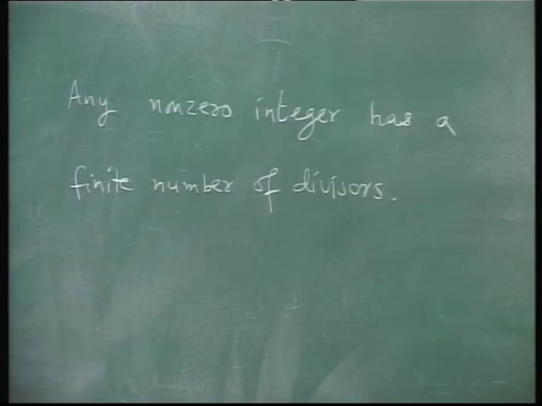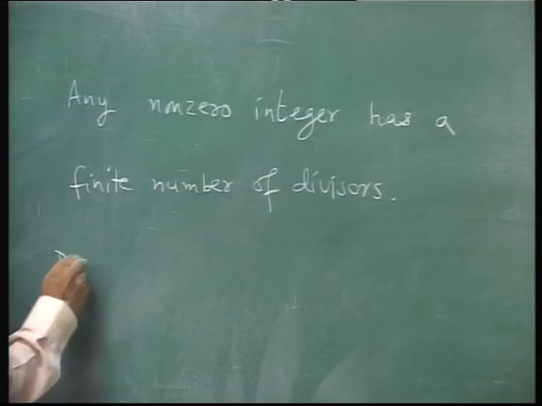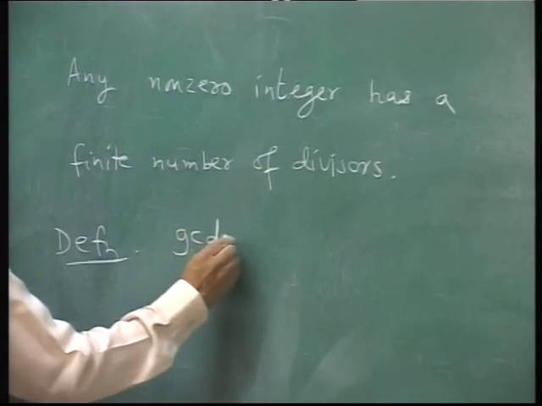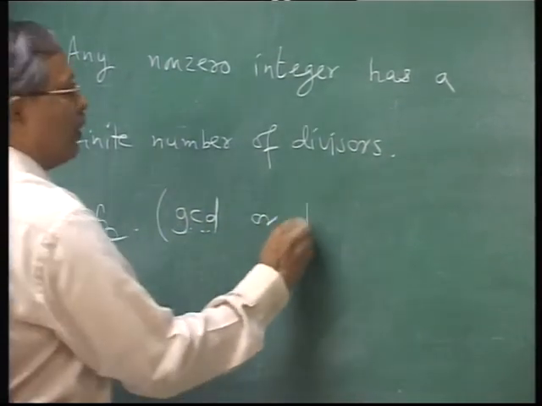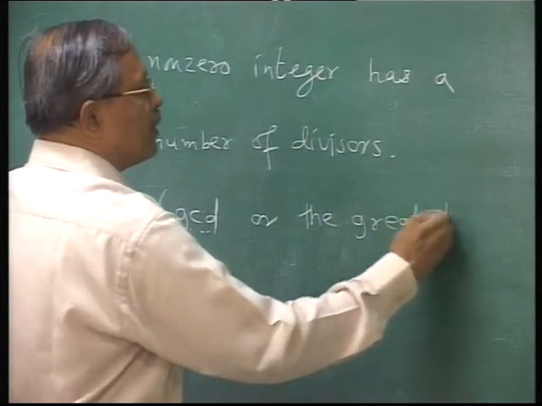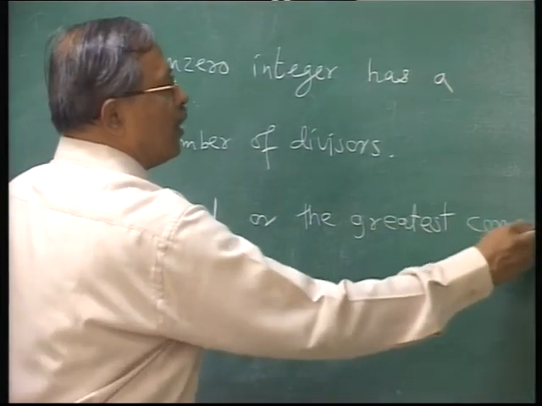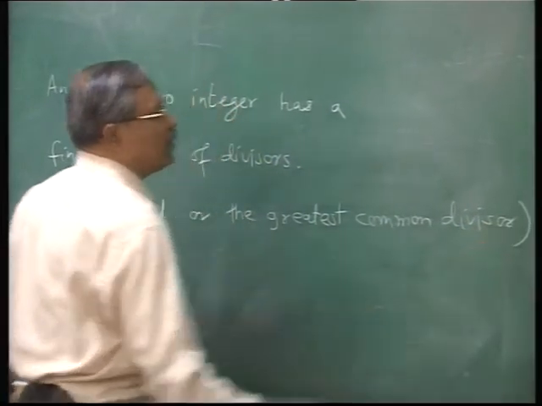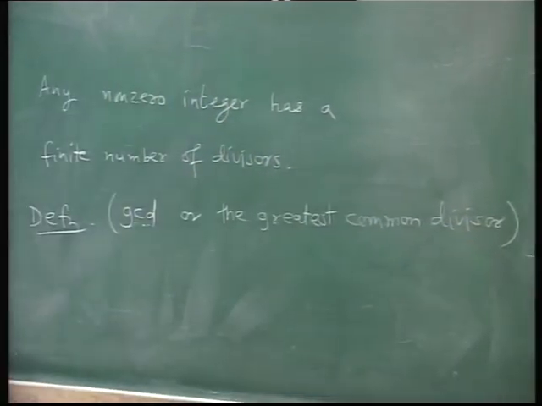And now we have the concept of greatest common divisor. So, definition: GCD, or the greatest common divisor.